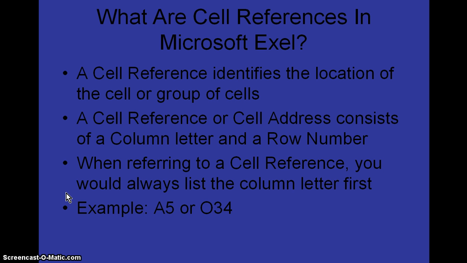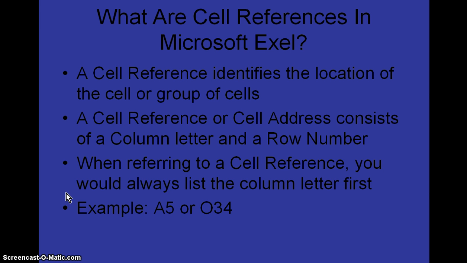A cell reference, or cell address as it is sometimes referred to, consists of a column letter and a row number. When you're referring to a cell reference, you will always list the column letter first, followed by the row number.